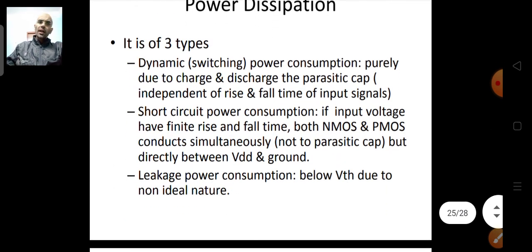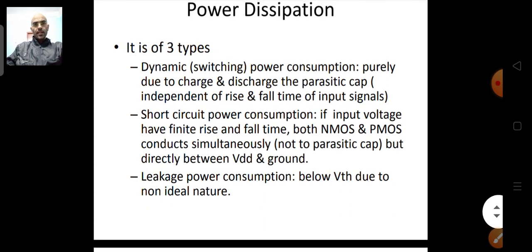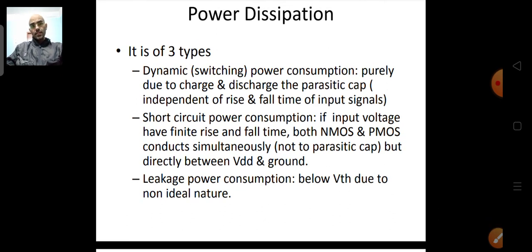Now let's move on to the last topic of this particular chapter related to CMOS inverters, and that is power dissipation. We have already seen that the DC power dissipation for a CMOS inverter is, in the ideal case, 0. In practical cases, whatever DC power dissipation you have is because of the leakage current, or the leakage power dissipation.